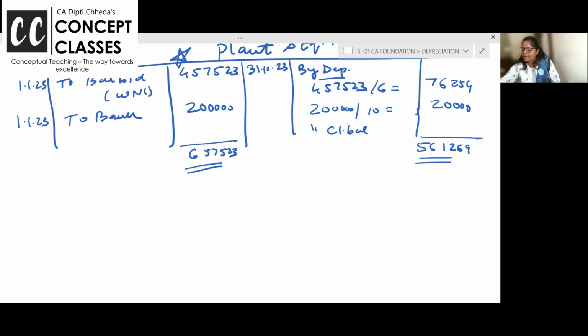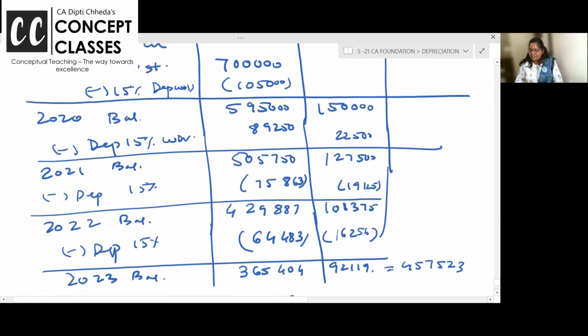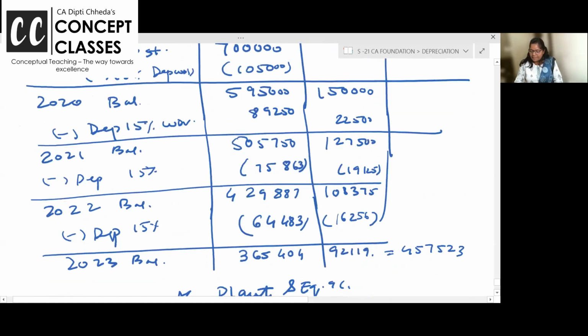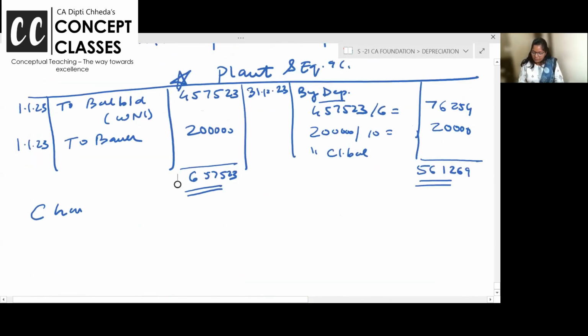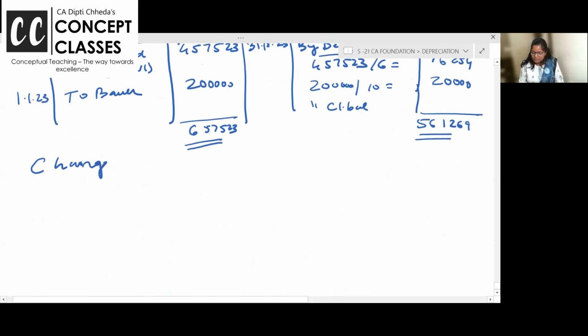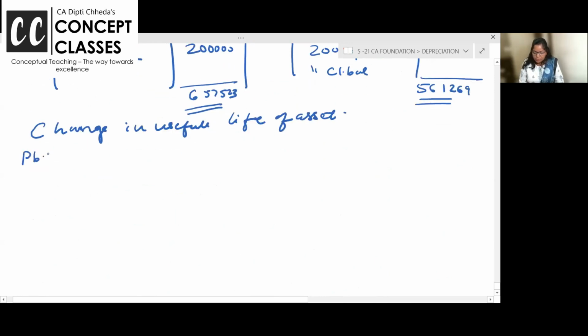See, the problem we did before, the 18th problem, was a change in method. And in the 19th problem, what we are doing now is a change in the useful life of the asset.